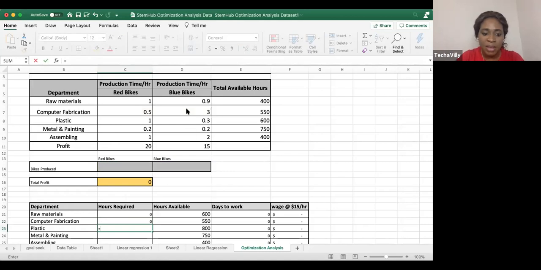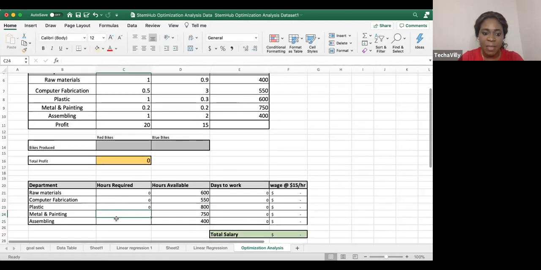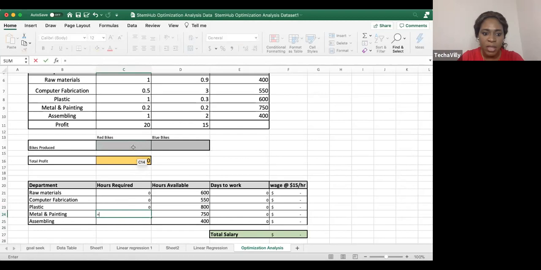You do the same thing for the rest of the departments. We are just formatting right now. We are on the plastic department, and then you add the number of blue bikes to produce, multiplied by the number of hours it takes. You hit the enter key, and then you go to the metal department, equal sign, you pick the number of red bikes, and multiply it by the number of hours it takes them to produce one.